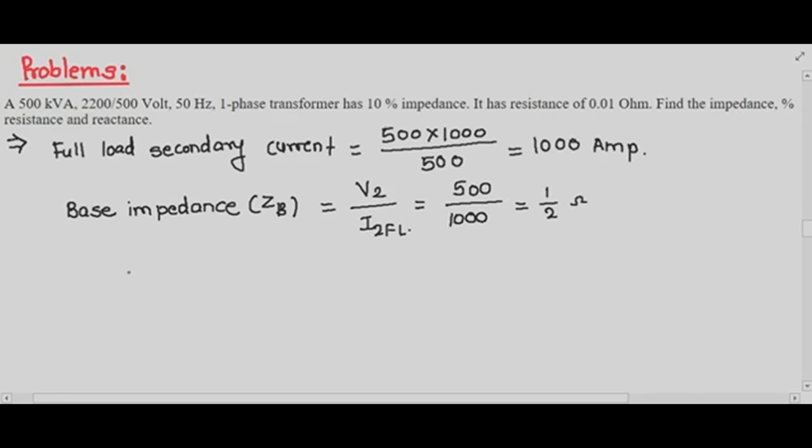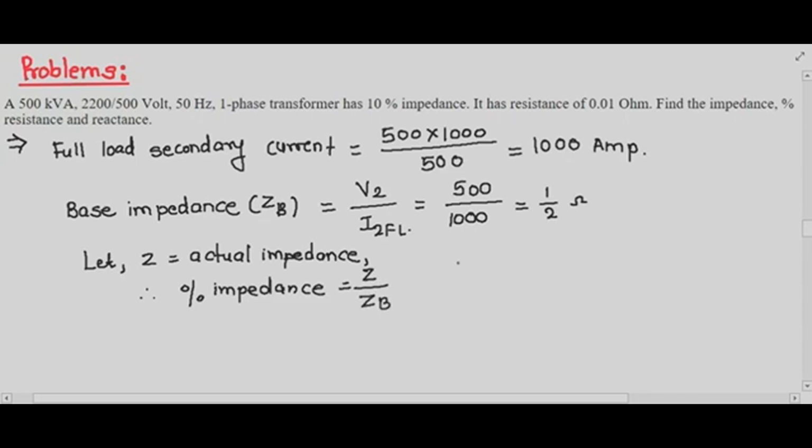Right? Then let Z be the actual impedance. So by the formula, we can say that percentage impedance is nothing but the ratio of your actual impedance and base impedance. What is my actual impedance? It is Z. What is my base impedance? It is 1/2.